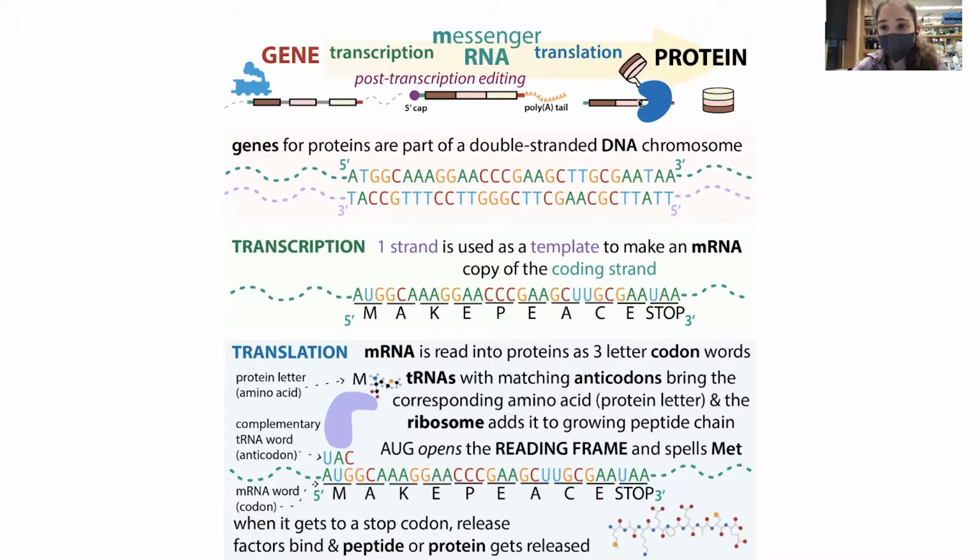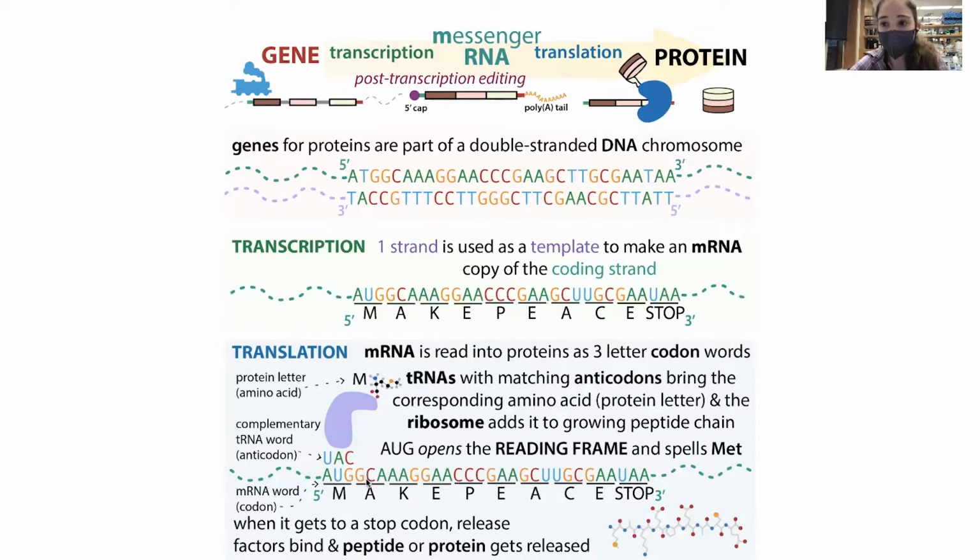Then in the process of translation, this complex called the ribosome is going to travel along it to make the protein. It pieces together the amino acids through those peptide bonds in the order corresponding to the sequence that it's traveling along.